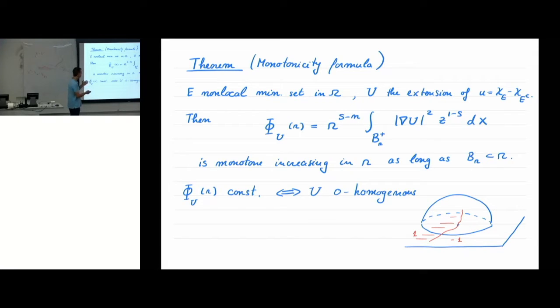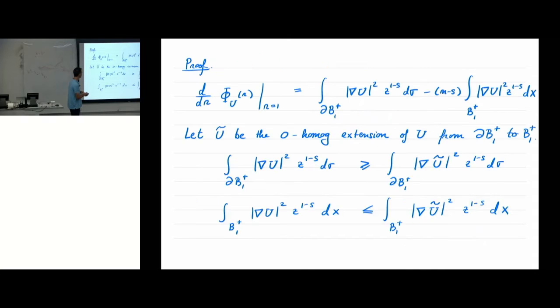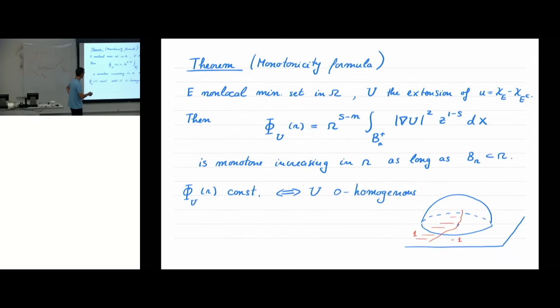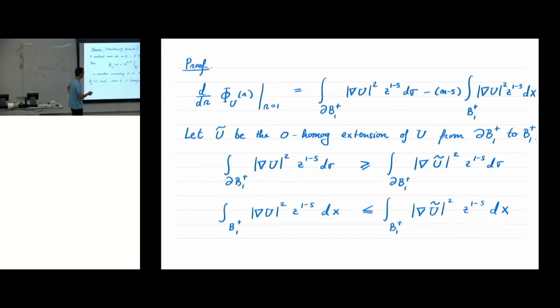So the proof is very simple. We just try to differentiate this and prove that the derivative has a sign. Let's assume we fix a ball like r equal to 1. We differentiate, and there are two terms here: R to the 2s minus n, and the integral on the solid half ball.